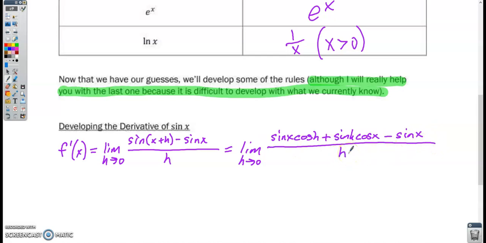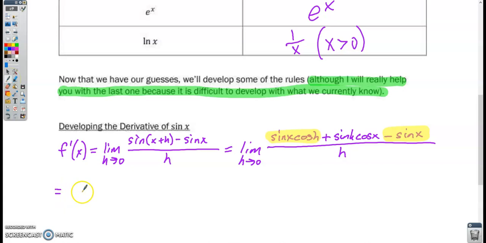Okay? And now what I'm going to do is go back and use some limit properties that we had, and I'm going to group this into two different limits. I'm going to group this into the limit containing the terms from the numerator that have sine of x in them, and another limit containing all the other terms. And the denominator h is going to be the denominator for both of those limits.